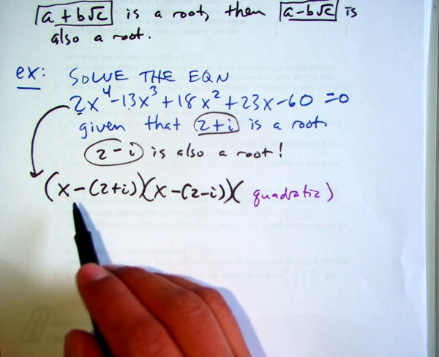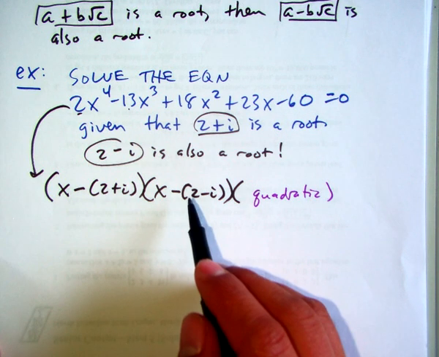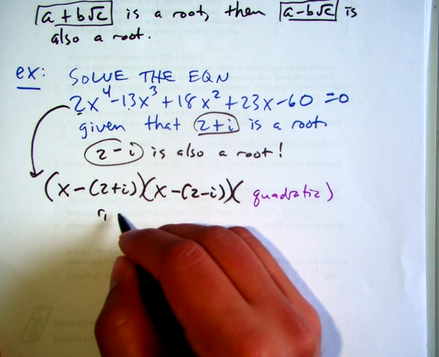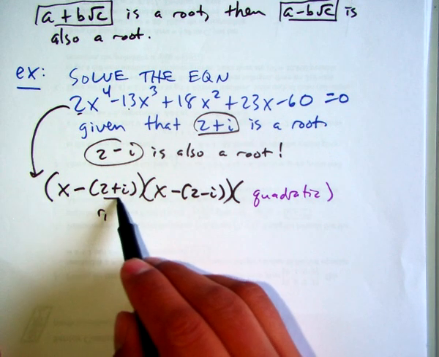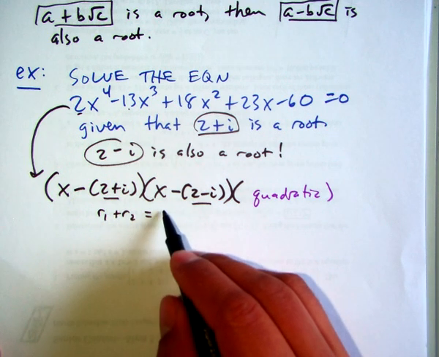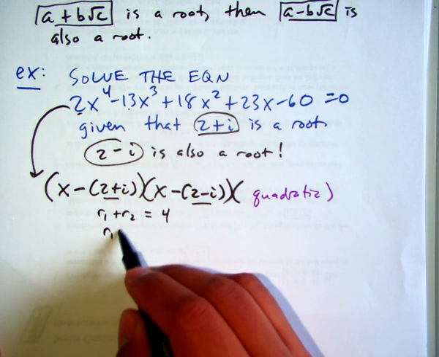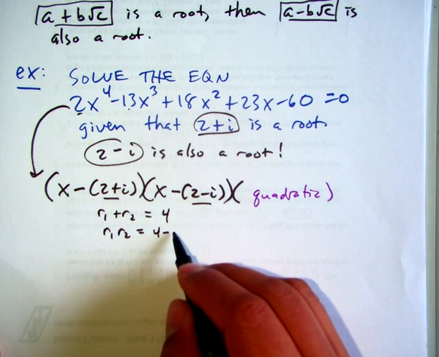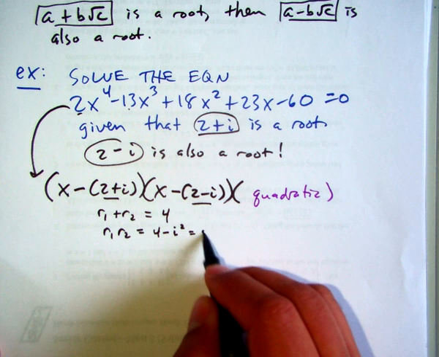Okay, so you have two options here. You can either multiply this out, do it the long way, or again, I like to use a shortcut. If we treat 2 plus i and 2 minus i as the two roots, when you add them, you get 4. When you multiply them, you get 4 minus i squared, which is the same as 5.